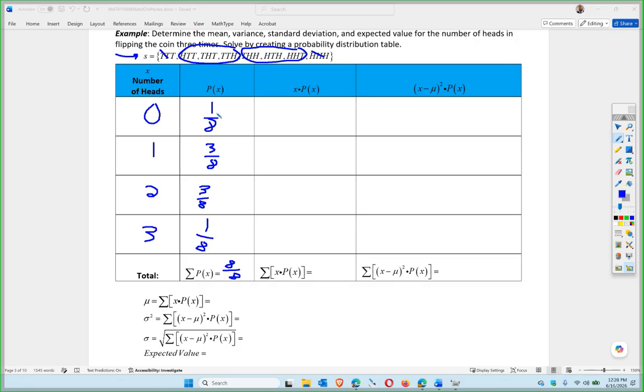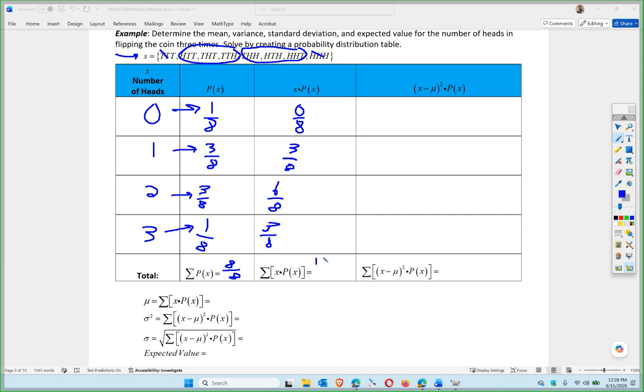Okay, so if you look at the formulas at the top of the page, x times p of x would be 0 out of 8, right? 1 times 3/8 is 3/8. 2 times 3/8 is 6/8. And 3 times 1/8 is 3/8. So if I add these up, that's 6 and 6 for 12/8.